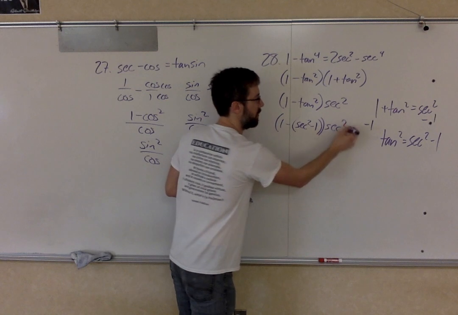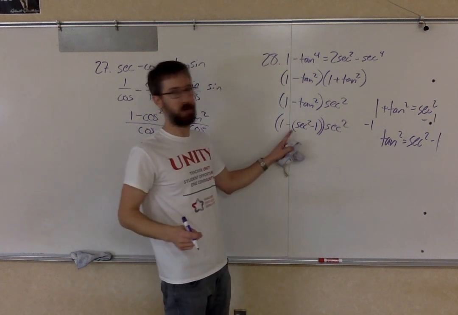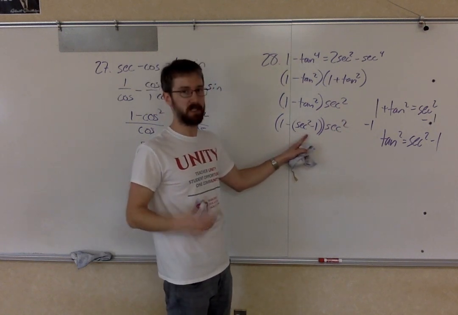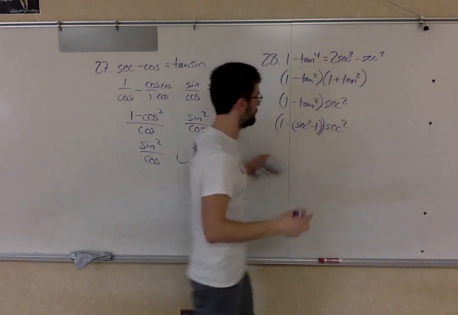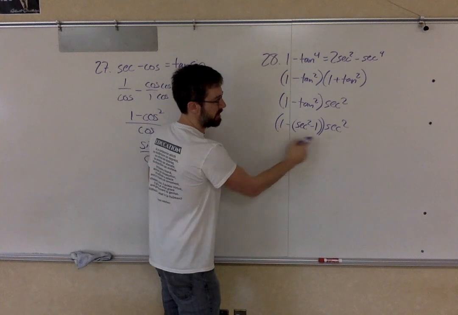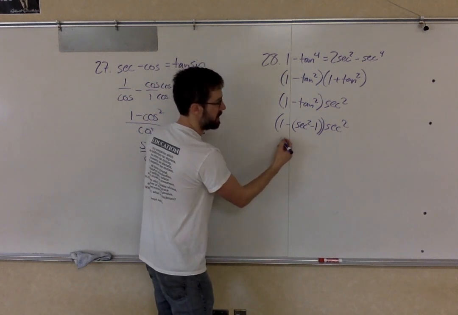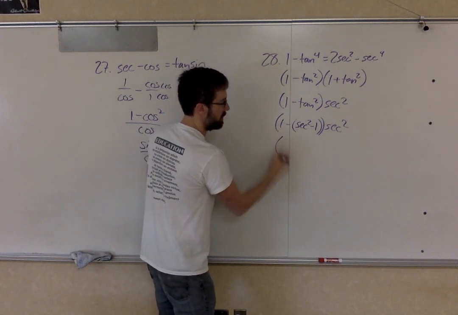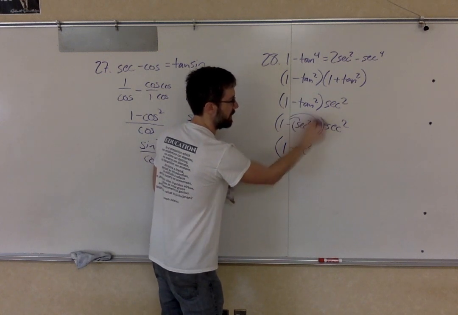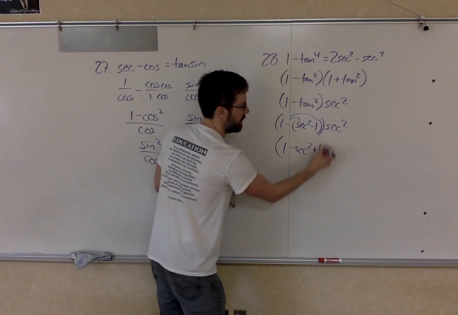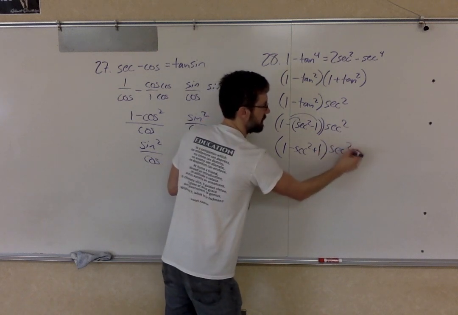And that is very important because I'm subtracting, so what's on the inside of those parentheses, the sign is going to change for both of them. All right. So now if I simplify just what's in the big set of parentheses, it is going to be 1 minus secant squared, and then when I distribute there is a plus 1 times secant squared.